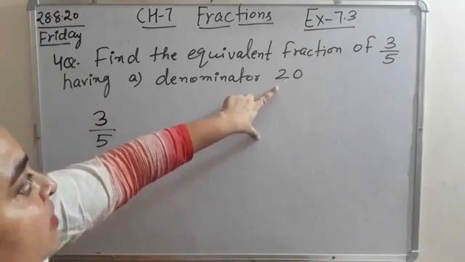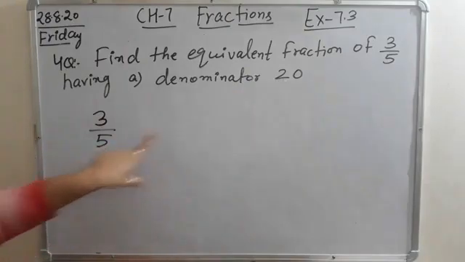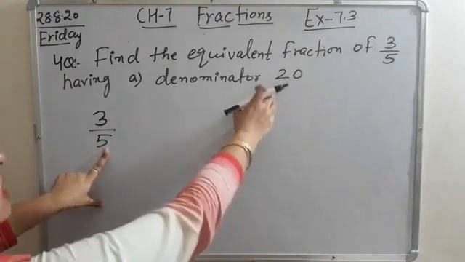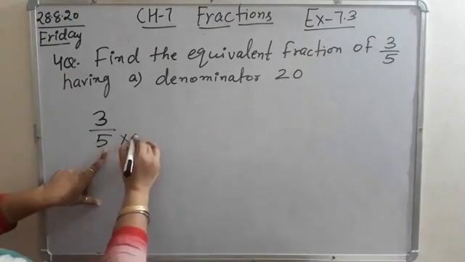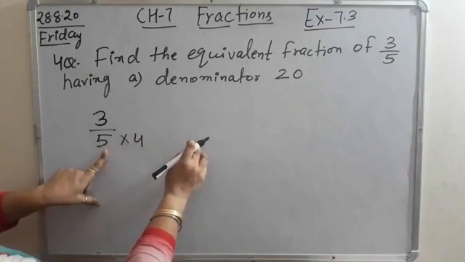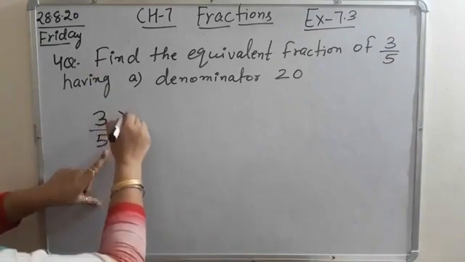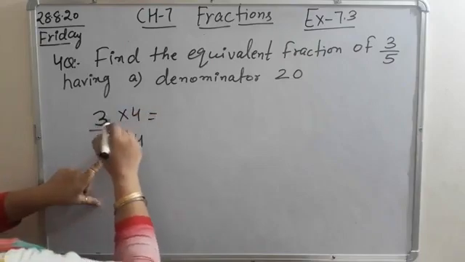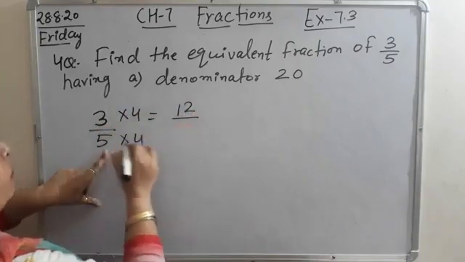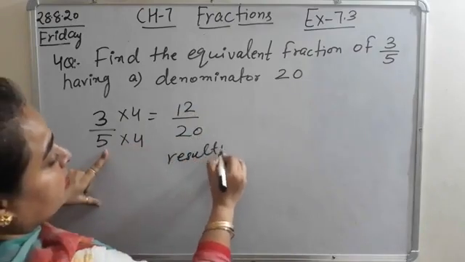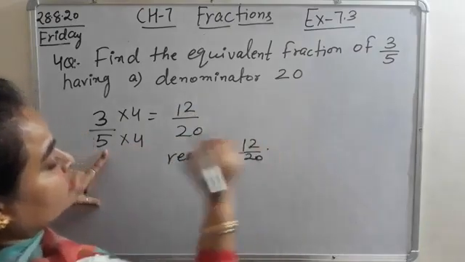The question is based on changing this 5 to 20. Now how can we change this 5 to 20? 5 fours are 20. So at the same time you will multiply 3 with 4. So we will get 3 fours are 12 and 5 fours are 20. So the result is 12 by 20.